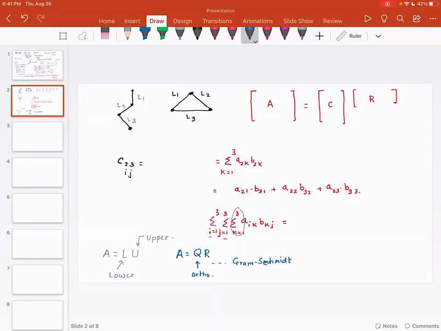And there is some more insight to this QR decomposition. If you think about it in terms of basis vectors, you can think of this R matrix as weights on those basis vectors.